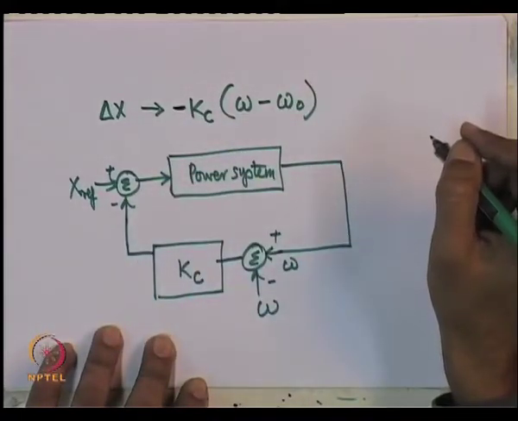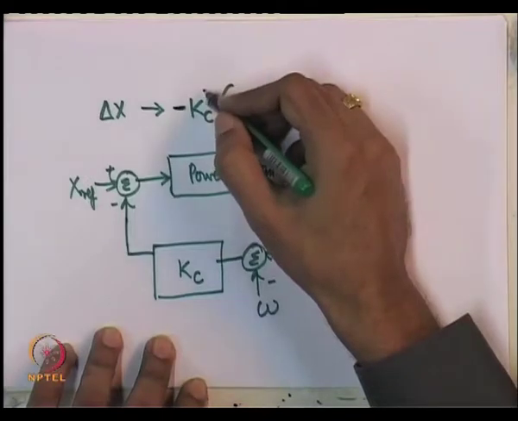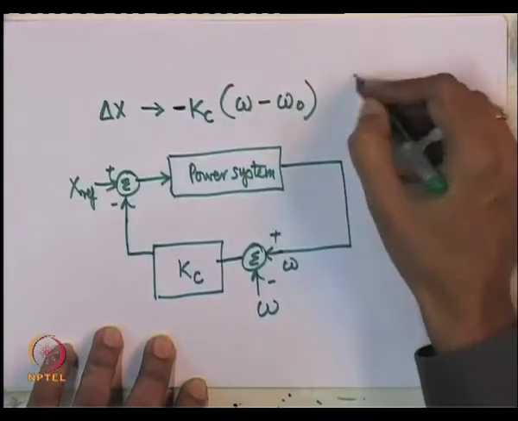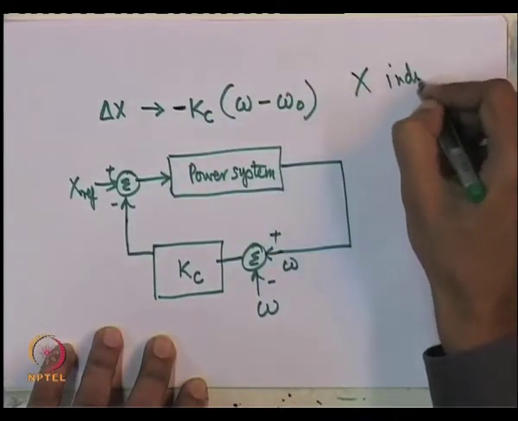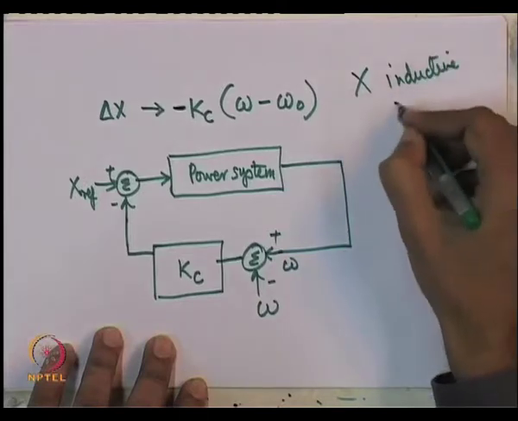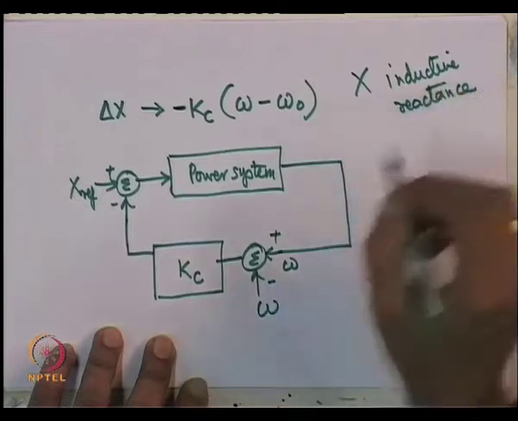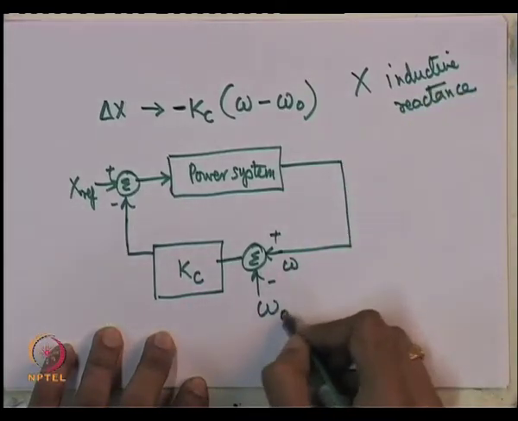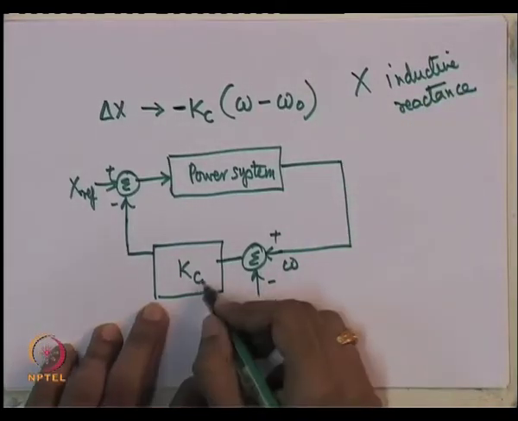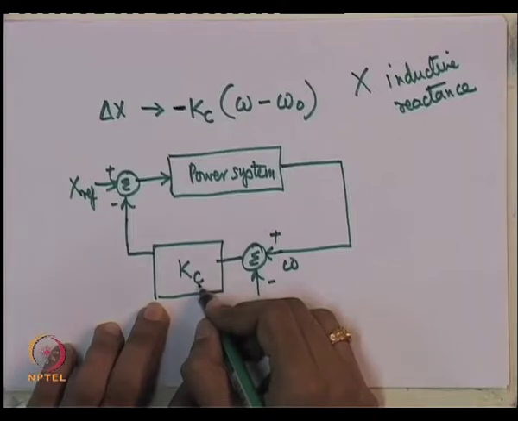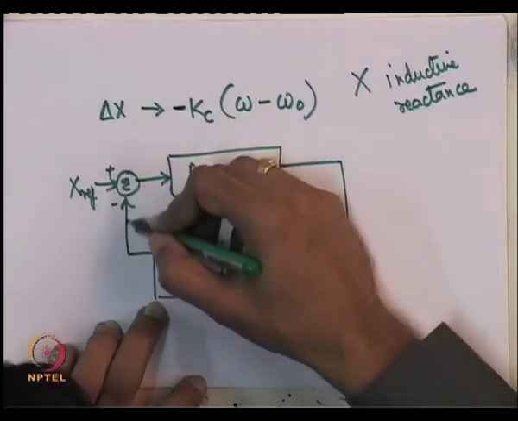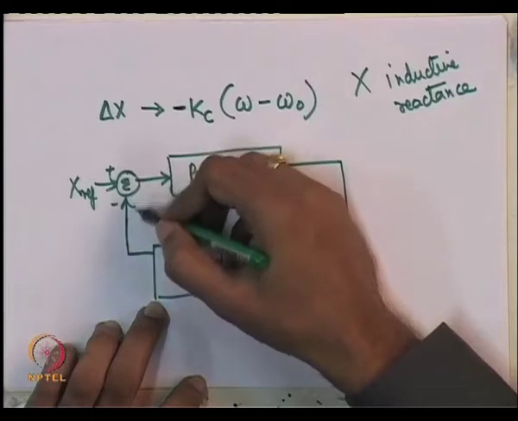Of course, x is the inductive reactance in the formula you use for power. So omega minus omega 0 into Kc is used to change the reactance in this fashion.